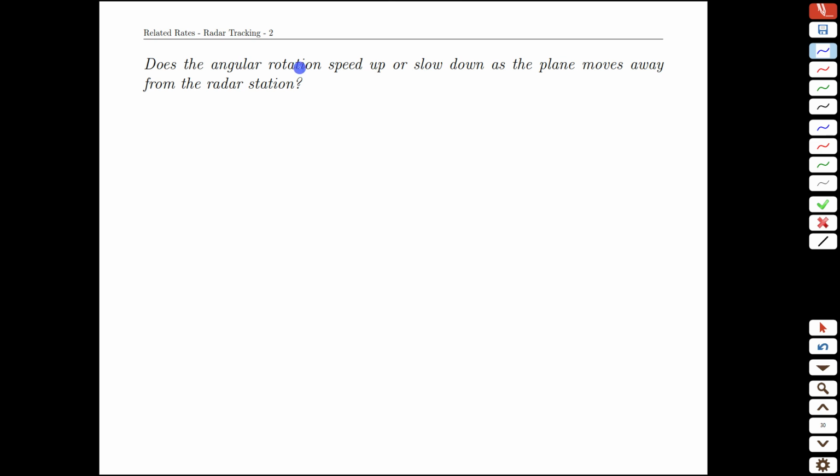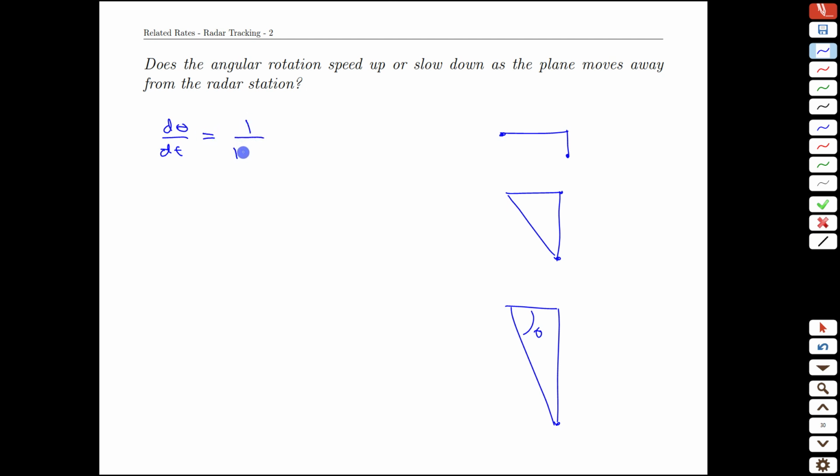Now, as a follow-up question, does that angular rotation speed up or slow down as the plane moves away? So imagine the later scenarios where we're measuring this angle. Well, you can use your intuition again, or we can look at the calculations. We have our 1 over 150 cos squared of theta and dy dt.